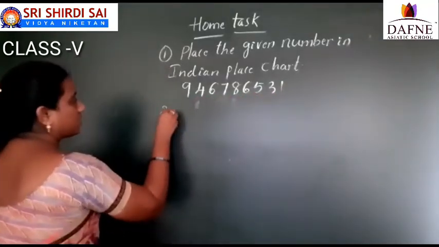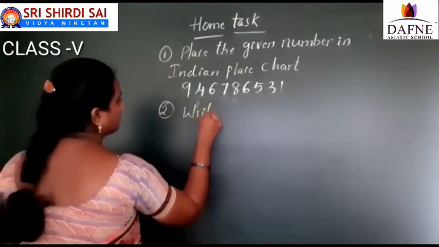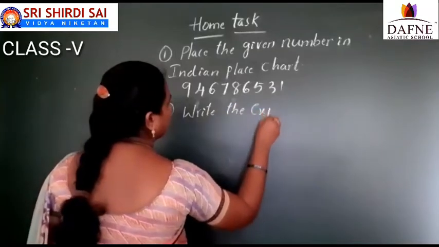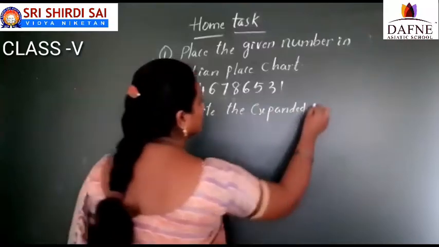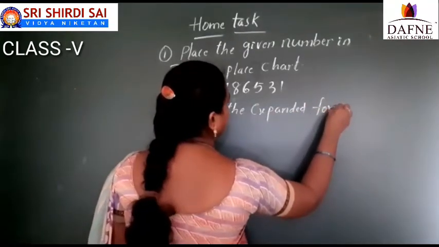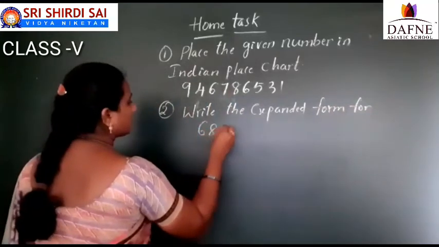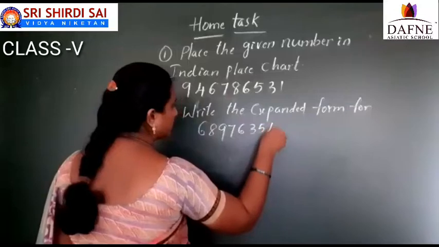And the second question: write the expanded form for 68976354.